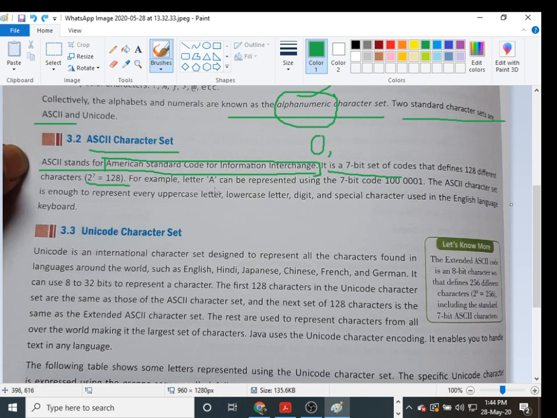For example, the letter A can be represented using the 7-bit code 1000001. When you input A, the computer doesn't understand A, because you know very well that a computer cannot understand anything except 0 and 1.